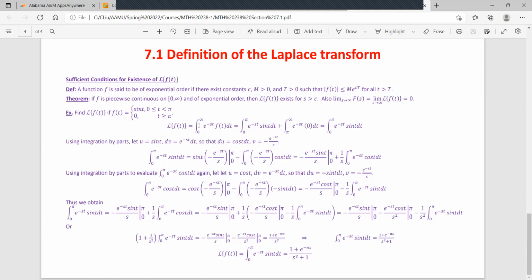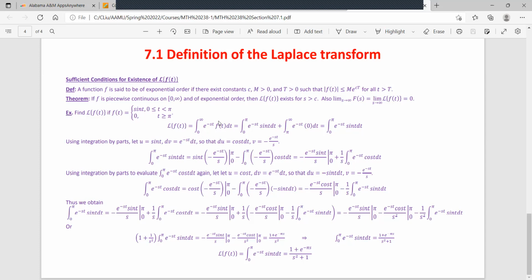This is the definition. To evaluate an improper integral, we need to use a limit. Remember, you integrate the whole thing from 0 to some parameter b, and then you take the limit as b approaches infinity.